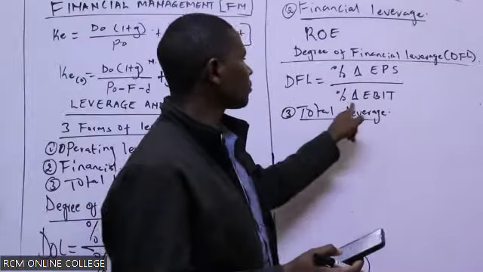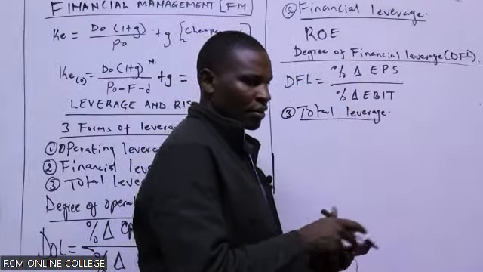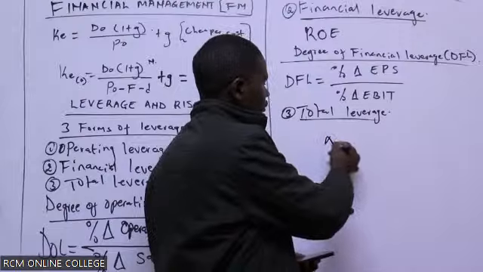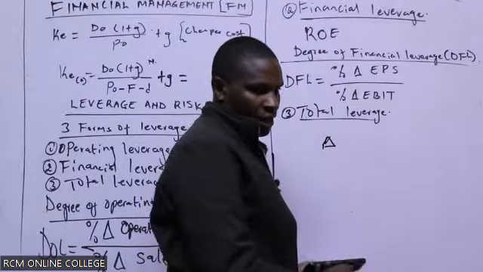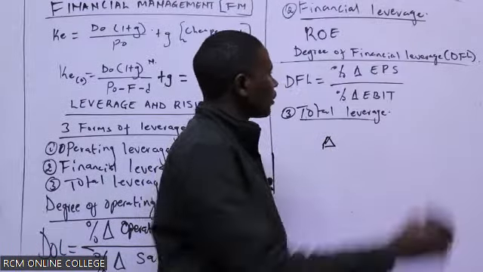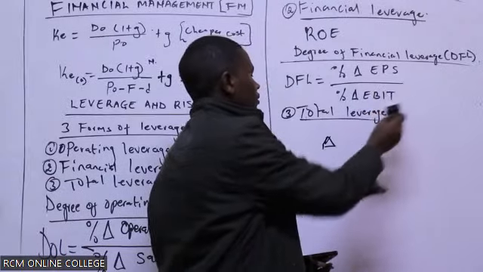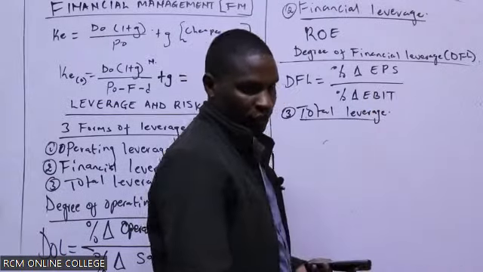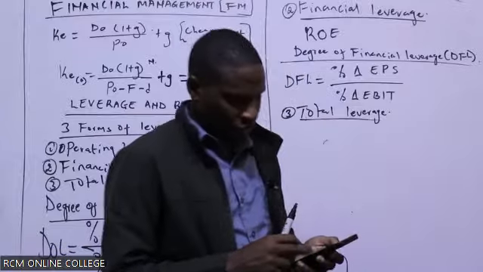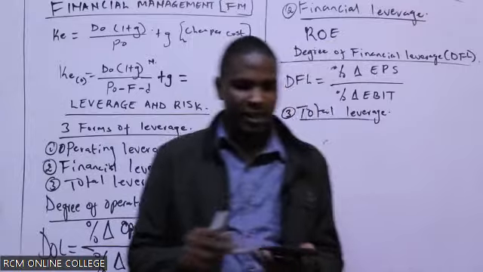Kumbuka hii ni ile symbol ya change. I hope you remember the symbol of change. Just a triangle. That triangle is a change, then in earning before interest and tax, a change in EBIT due to the presence of debt.